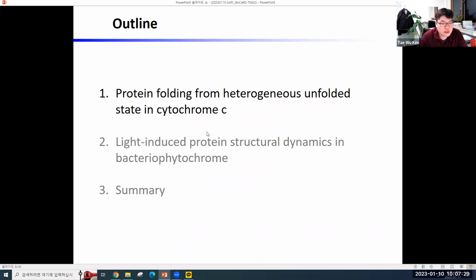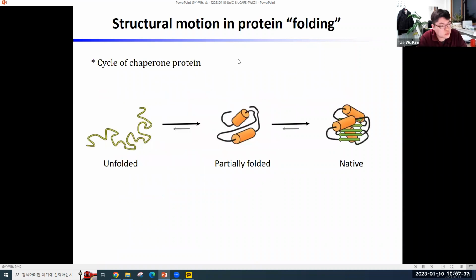The first subject is the study of protein folding in cytochrome c. The unfolded conformation can be chemically equilibrated with the folded conformation like this. The protein conformation can go forward, and it can also go backward.